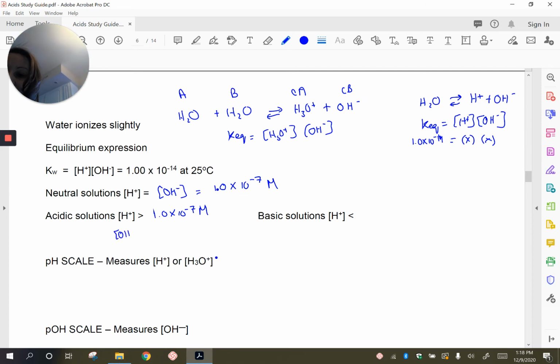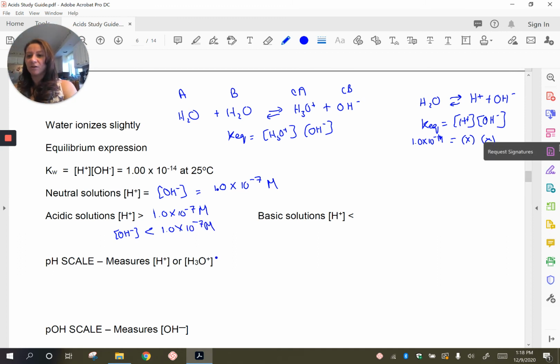The OH minus concentration is going to be less than 1.0 times 10 to the negative 7th molar. So if I'm given the concentration of either the H plus or the OH minus, I should be able to tell whether that substance is acidic, because if it's acidic, my H plus concentration will be higher than this number, or my OH minus concentration will be lower than that number. If it is equal to that number, then I know that it's neutral.